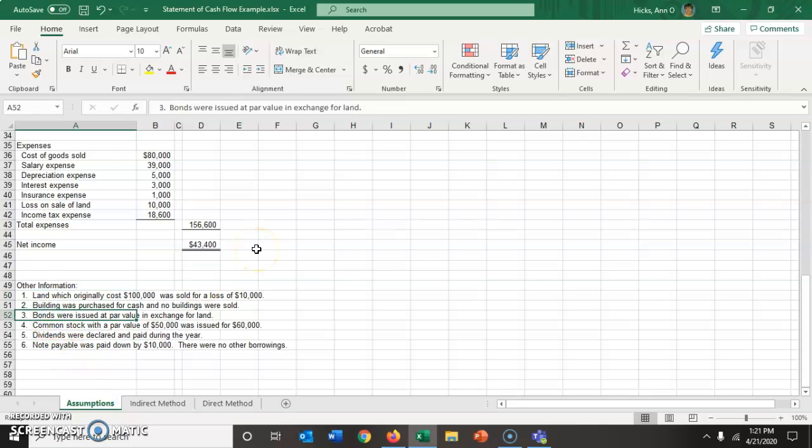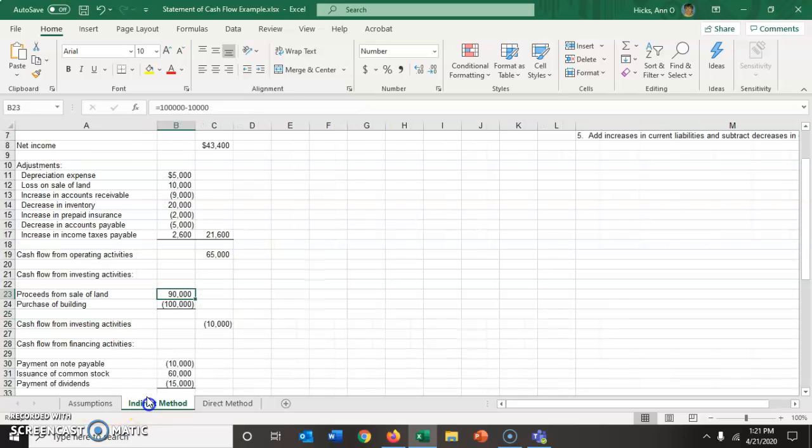Now, this other one, think about it. Bonds were issued at par value in exchange for land. Was that a cash transaction? The answer is no. We did not pay cash for land, we issued bonds. Therefore, we are not going to include that in our investing activity section because it would be misleading to imply that we used cash to buy land when in fact we didn't.